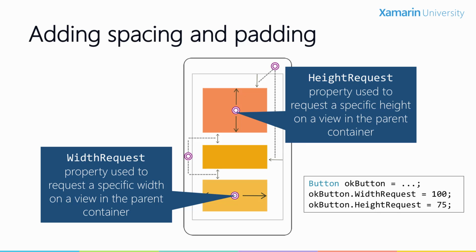So you can see the example here on that slide. We have a button and we request a width of 100 and a height of 75. The layout manager will then try to satisfy this request. However, it doesn't have to. All of our views also have a width and height property that will contain the actual calculated width and height. So that's what the layout manager gave to us.